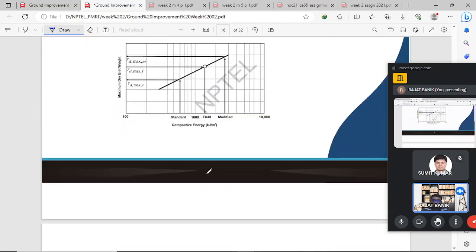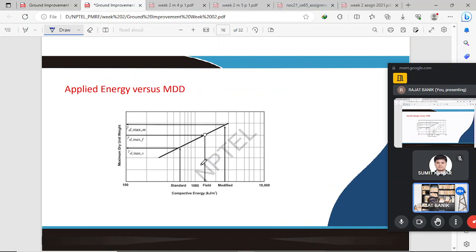Okay, moving forward, here you can see one of the graphs for applied energy versus maximum dry density. Maximum dry density is in regular scale, and applied or compactive energy is in log scale, or semi-log scale. We can see that when the energy is increased, the maximum dry density also increases.